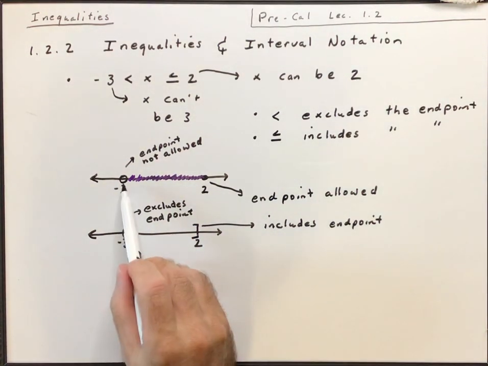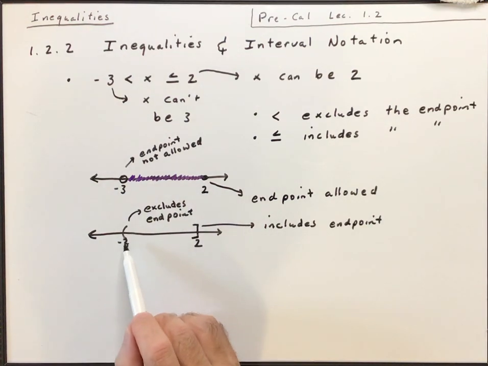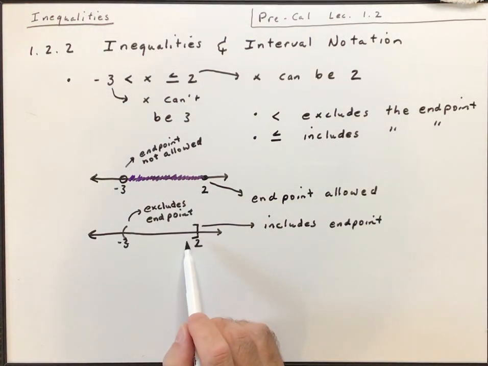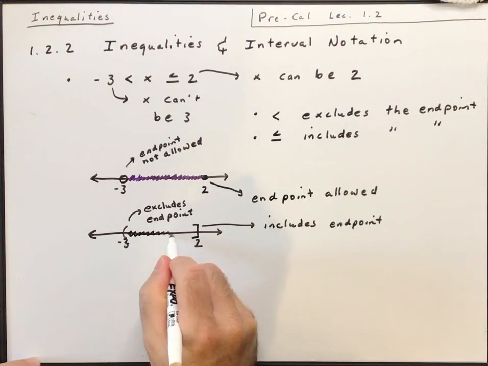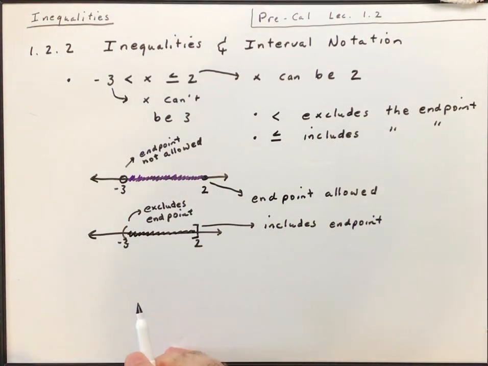Okay, so you can use an open or a closed circle, a parenthesis, or a bracket, to signify these intervals.